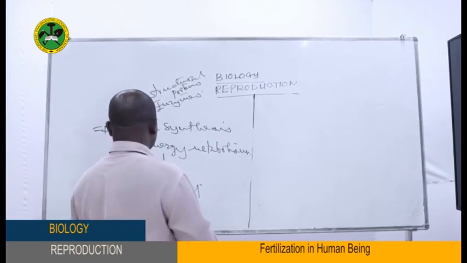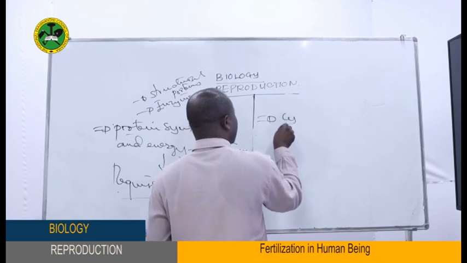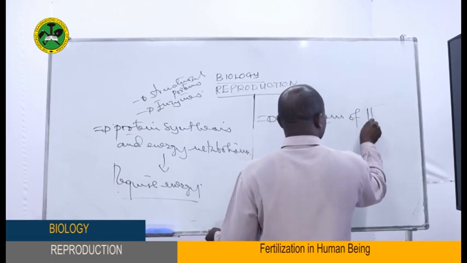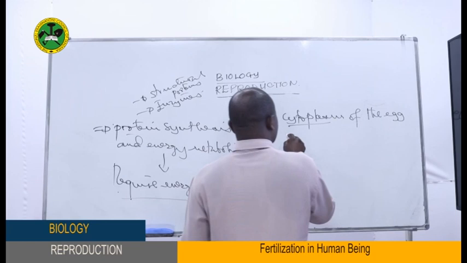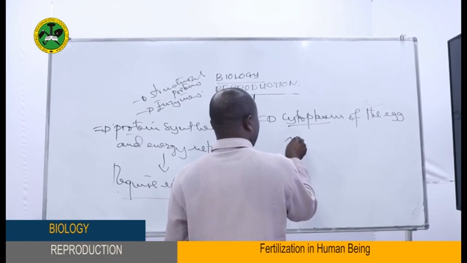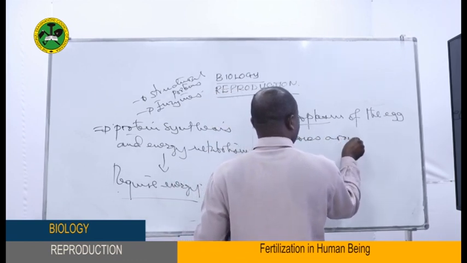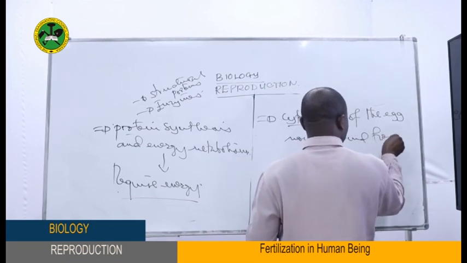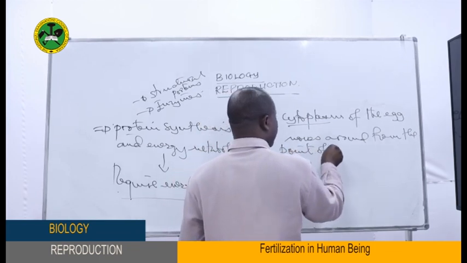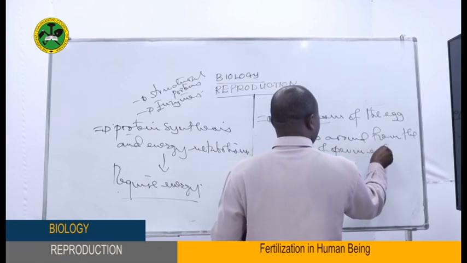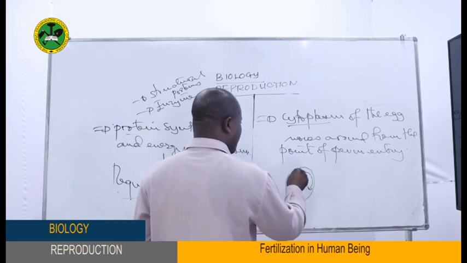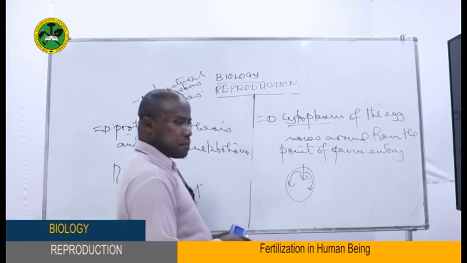The final change is that the cytoplasm of the egg cell moves around from the point of sperm entry.